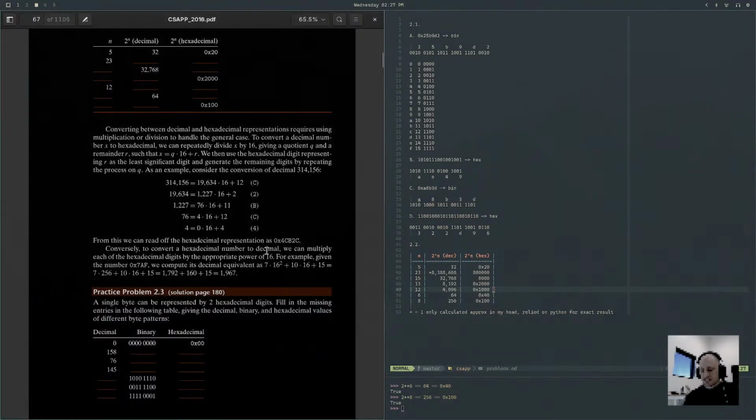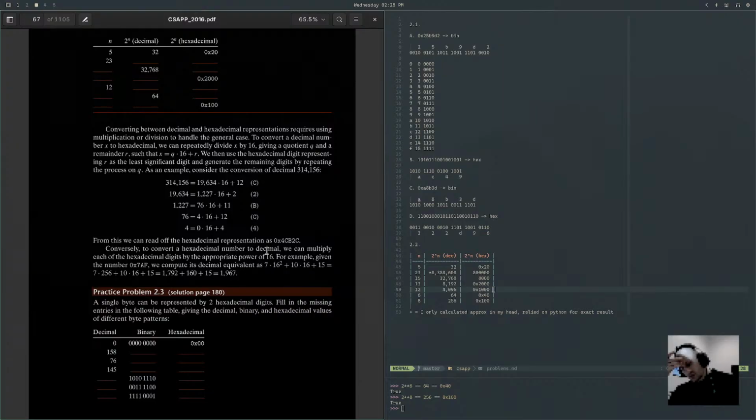Converting between decimal and hexadecimal representations requires using multiplication or division to handle the general case. To convert a decimal number x to hexadecimal, we can repeatedly divide x by 16, giving the quotient q and a remainder r, such that x is equal to q times 16 plus r.